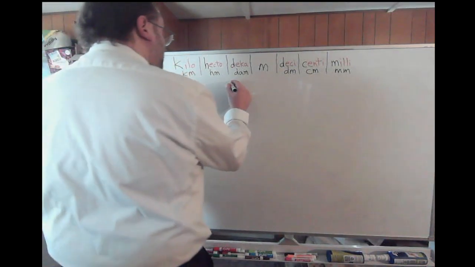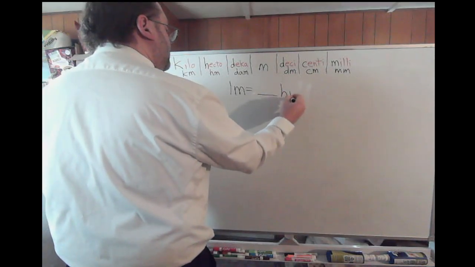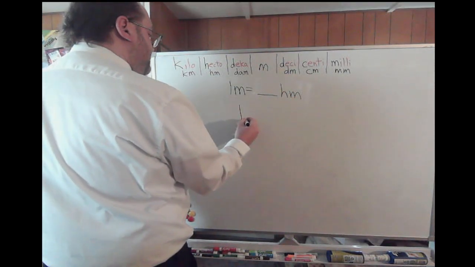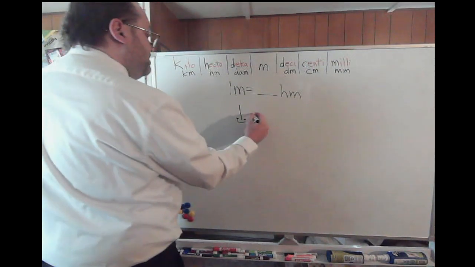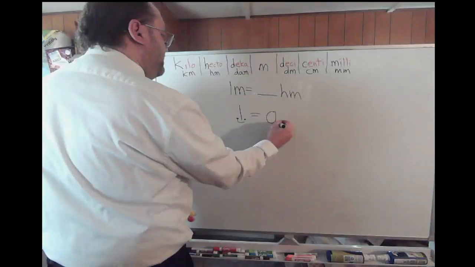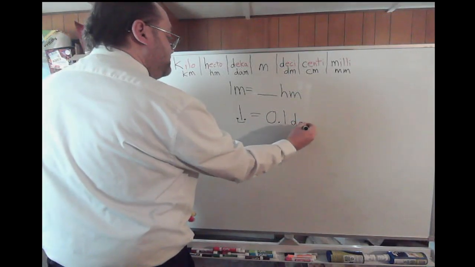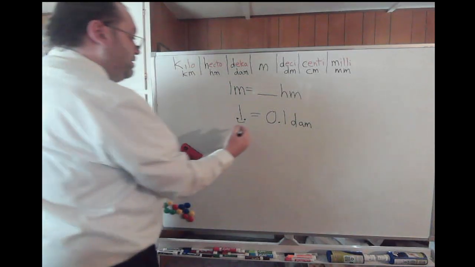Now let's see. 1 meter is equal to how many hectometers? Again, take your 1 meter and move it 1 decimal place to the left. You'll end up getting 0.1 decameters for a meter. We want to get to hecto, so you've got to move it 1 more place to the left.